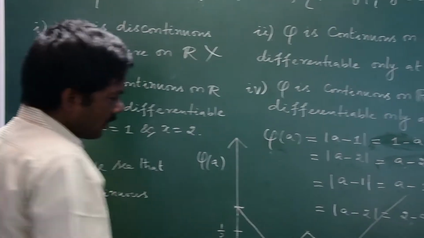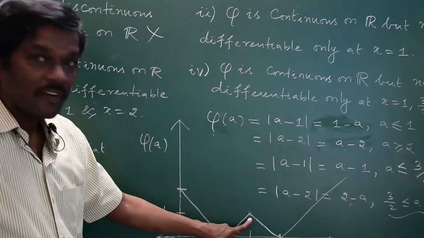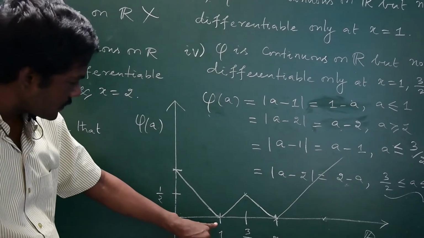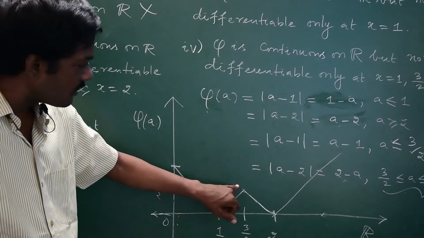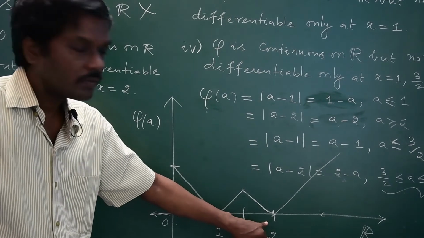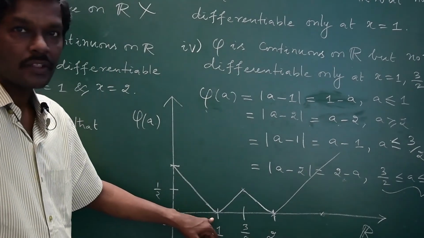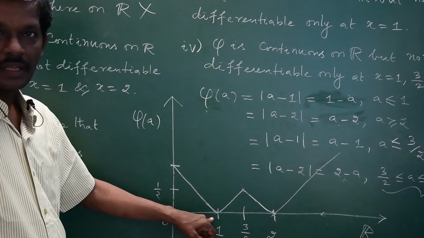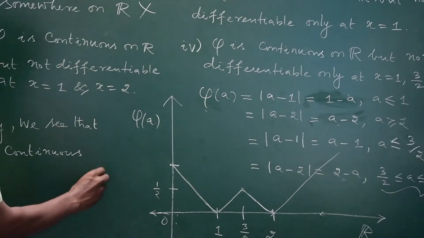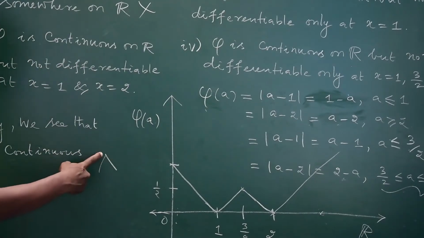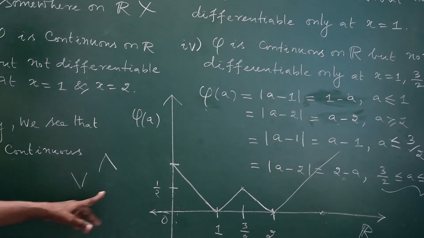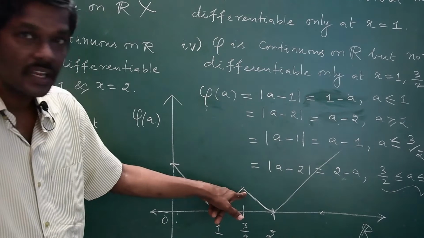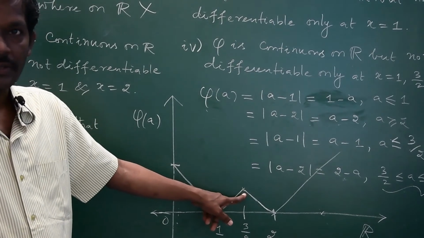And we can see that there are sharp, V-shaped vertices at the points 1, 3 by 2 and 2. They are all points where the slope changes sharply. Whenever we have a vertex of this type, it is not differentiable, because the slope increases immediately, and in the neighborhood of that the slope decreases.